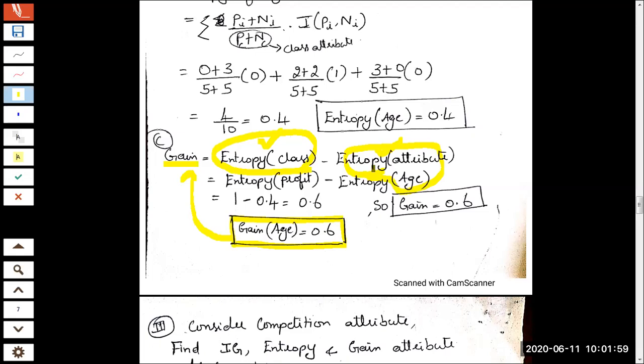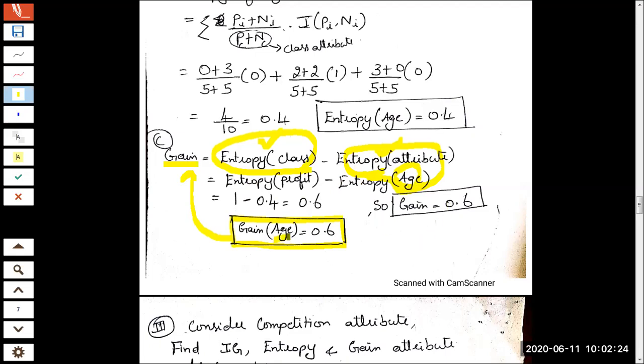Next, we went into how to compute gain. Gain is computed using this mathematical model: entropy of a class, meaning the disorder in the class, minus the disorder in the attribute under consideration, that is age. This gives you the gain for the attribute under consideration.